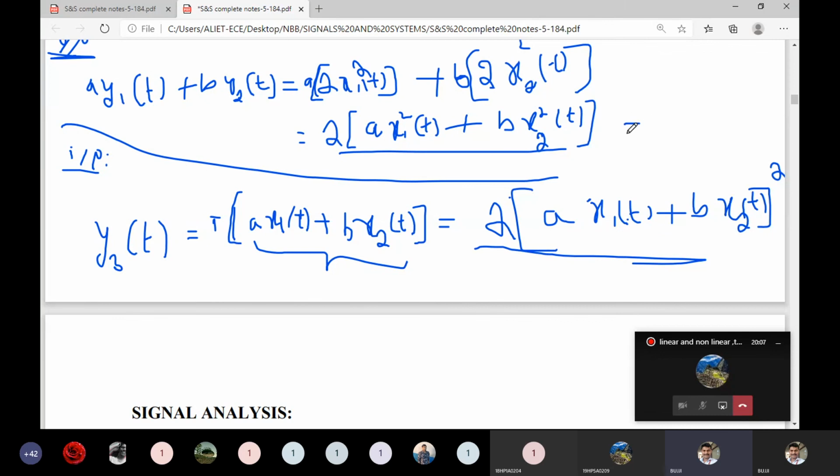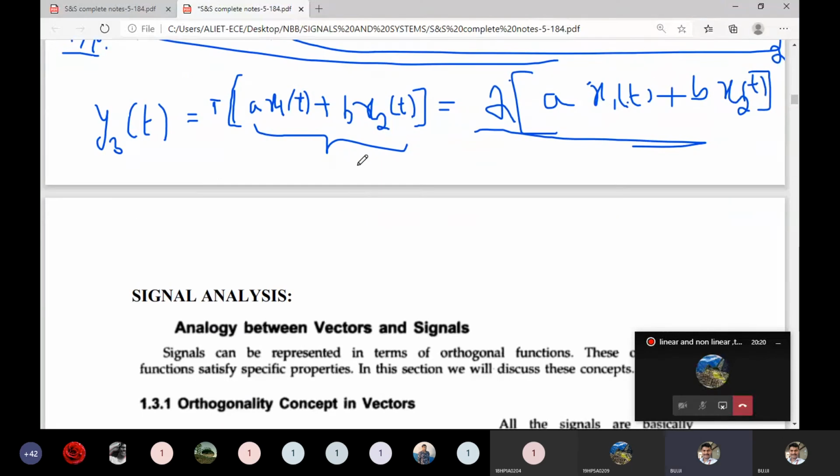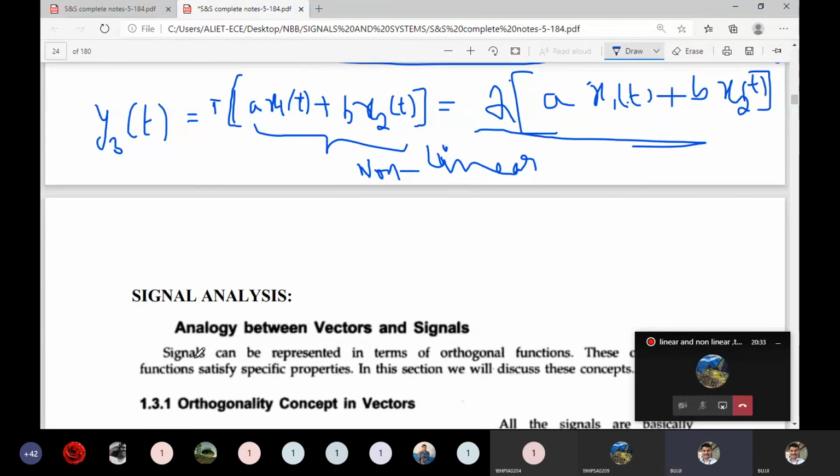Now these two are not equal, y3 of t is not equal to y3 of t. Because of this condition, the system is non-linear.